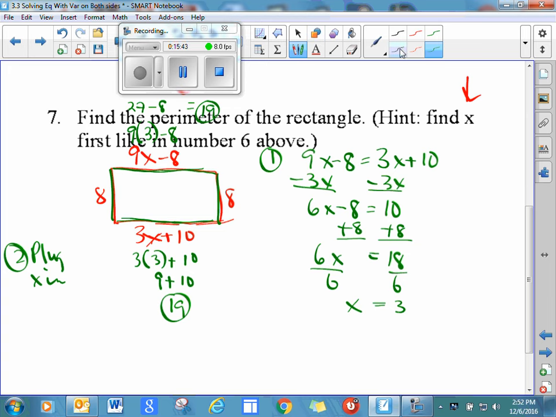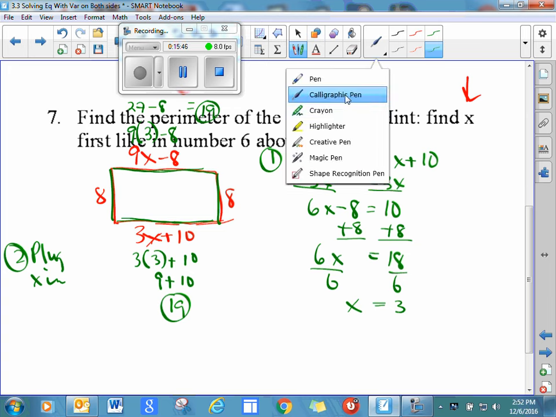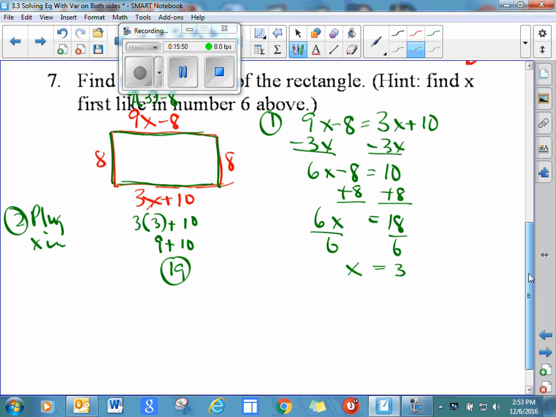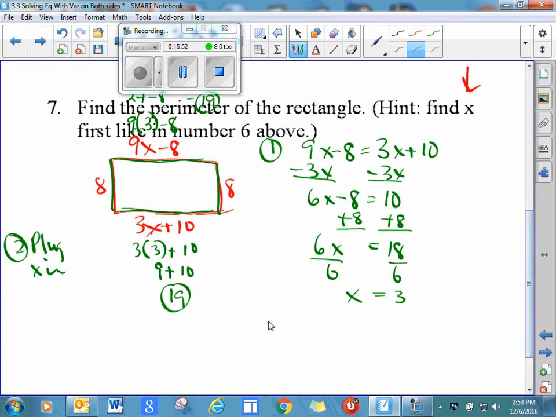So in order to find the perimeter, I know you guys know the perimeter. Let me go get a different color. What happened to my blue? The perimeter of a rectangle is 2L plus 2W. And now we know what the L and the W lengths are. The length is 19, so we're going to plug it in. Christmas colors.